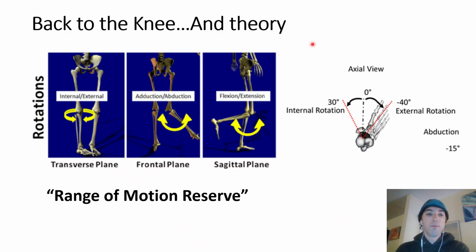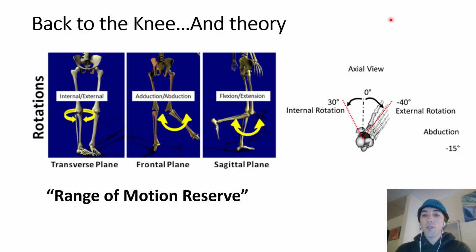Now some authors and critics, I guess you could say, try to make the claim that the wide ski could potentially be increasing the potential for injury in this lens of what is called range of motion reserve.